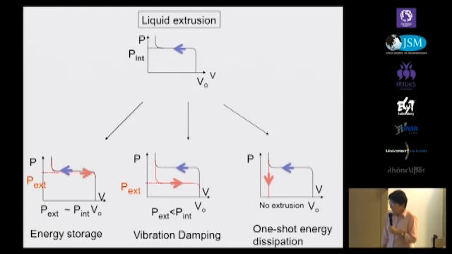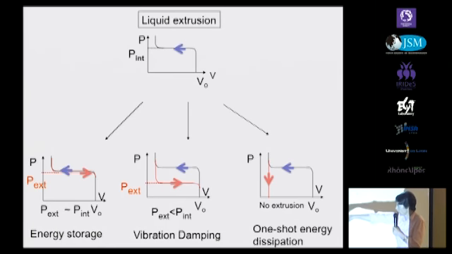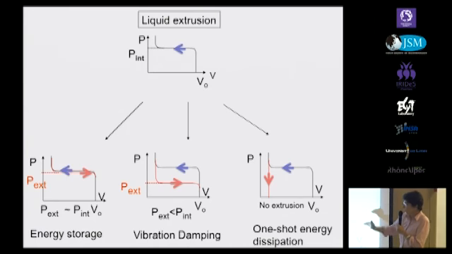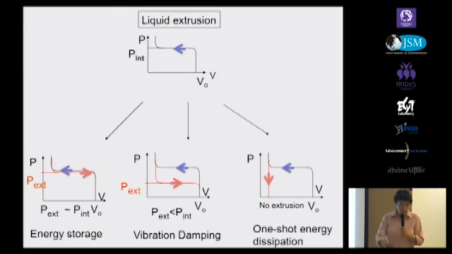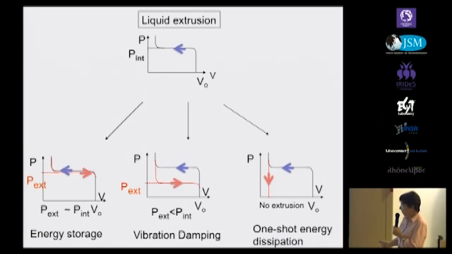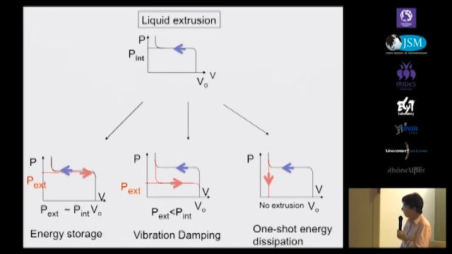When the pressure is released, one can have different behaviors, which correspond to different energy applications. For instance, the liquid may go out of the pores at an extrusion pressure which is not very different from the intrusion pressure. In this case, one recovers the mechanical energy and has a system suitable for energy storage.